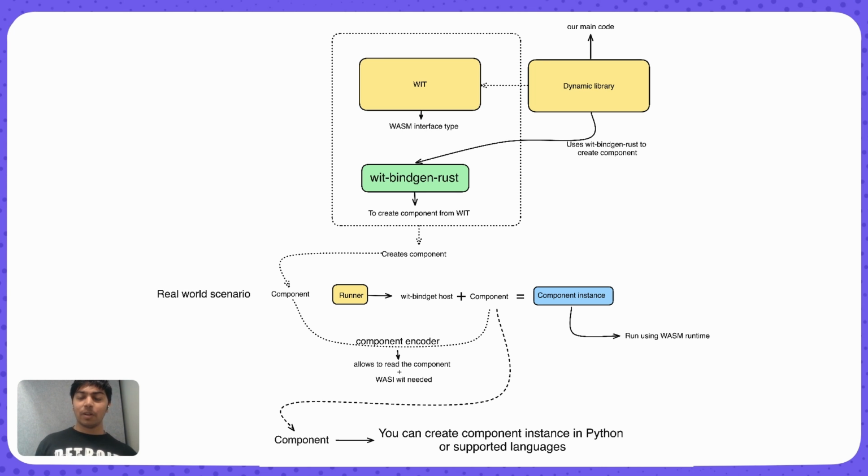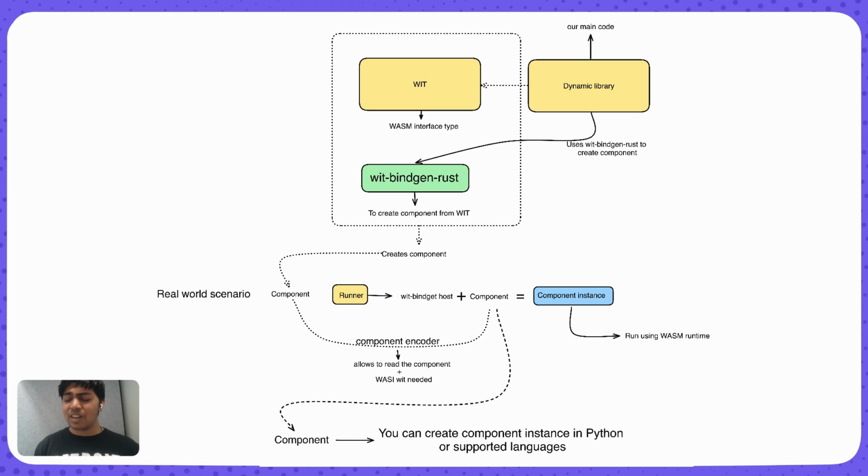So probably it doesn't make the most sense to do that. What you might have guessed you could do is create the component instance definition beforehand. So you can use the component encoder, go from the Wasm module and also encode the component. And then at runtime, you can just run this component instance, or make an instance out of whatever component definition we created beforehand, using a Wasm runtime.